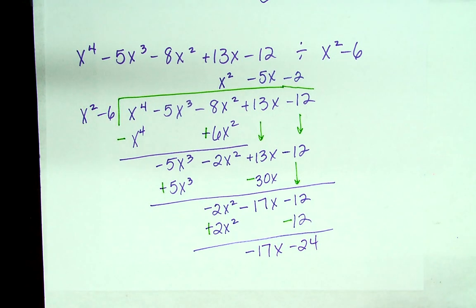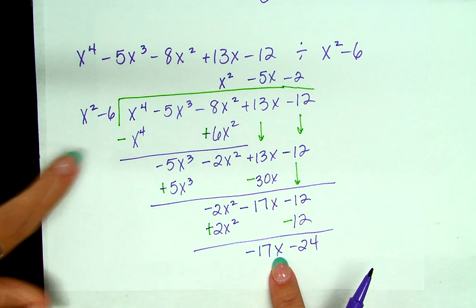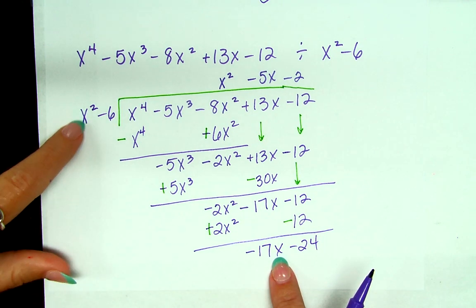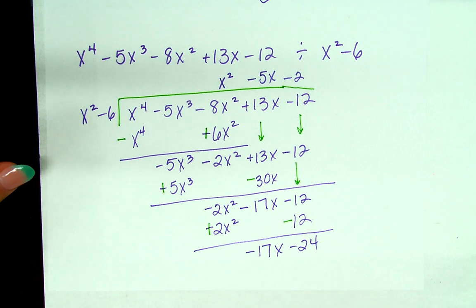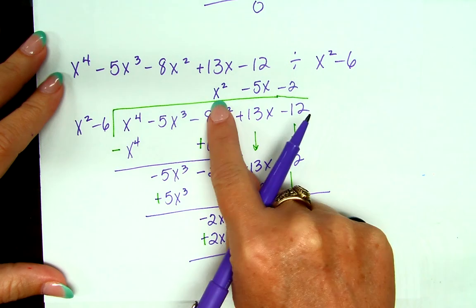Am I done? Why do you think some people think I'm not done yet? Because there's still an x, right? But remember what I'm dividing by. An x squared. I can't divide an x by an x squared. I can't simplify that, right? So my answer is just this.